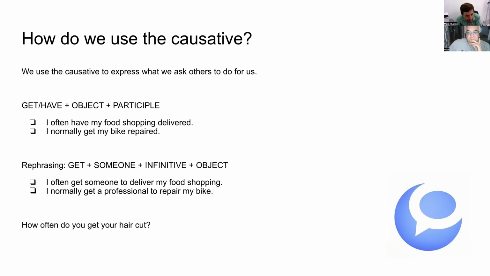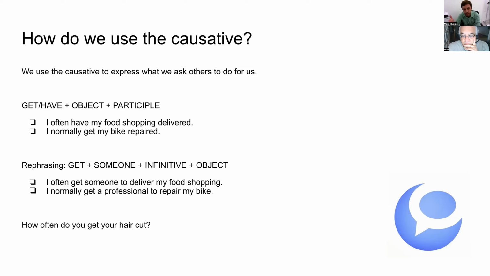So, Miguel, question. How often do you get your hair cut? I often get my haircut. Good, because I like having my hair nice and neat, for example. And I normally go to the hairdressers so that they cut my hair. This is a very common form to use the causative.